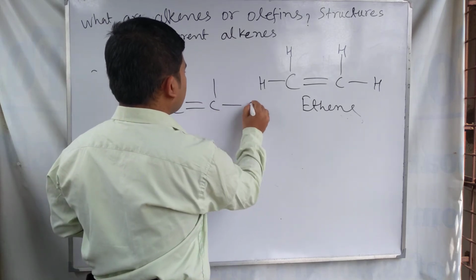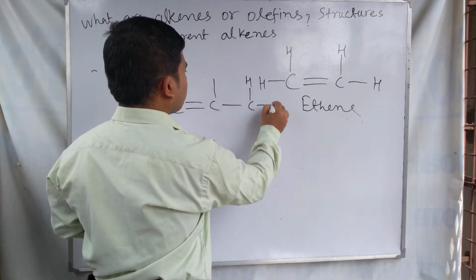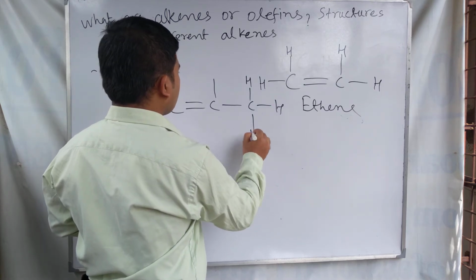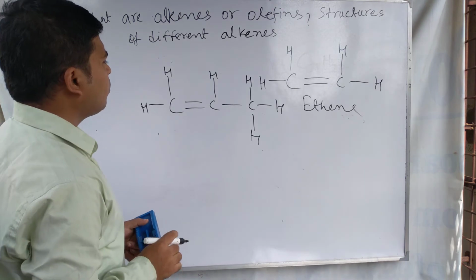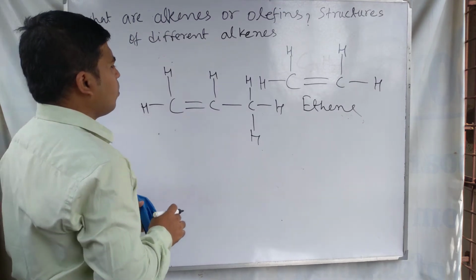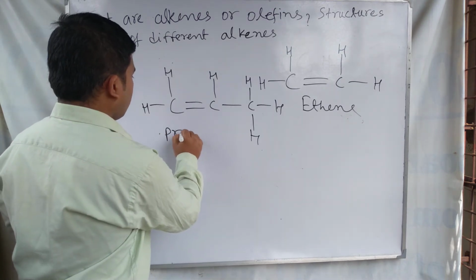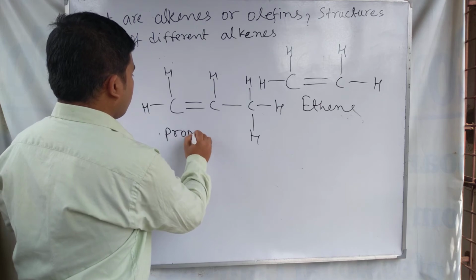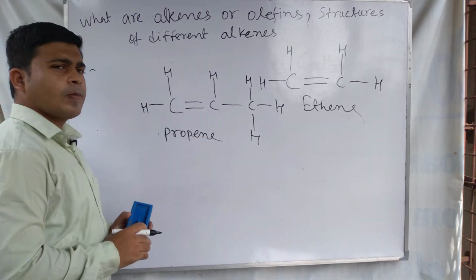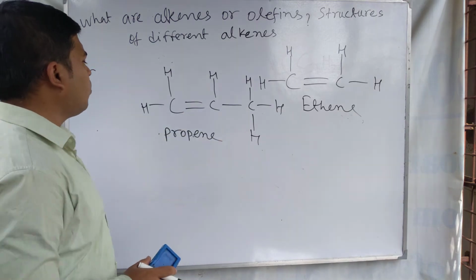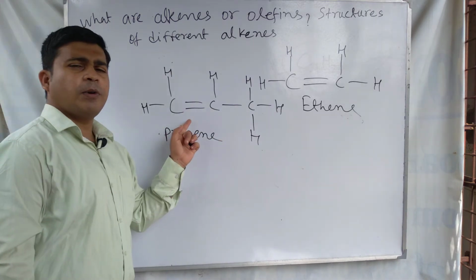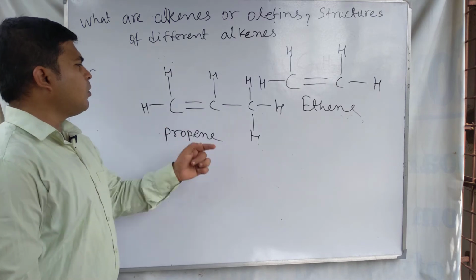Like this one, called propene. Propene is formed here with three carbons present and one position occupied by a double bond, therefore it is called propene.